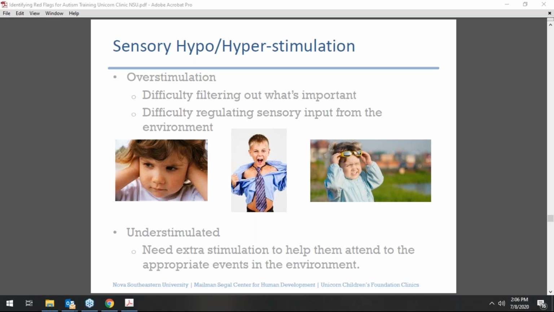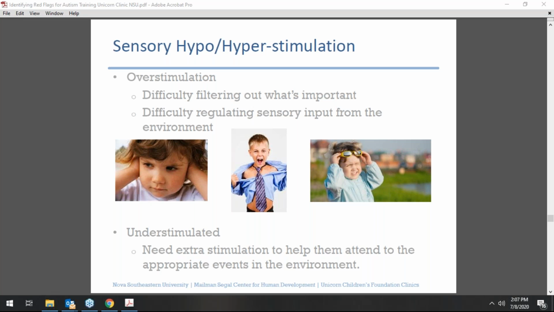If they're overstimulated, obviously they're going to avoid certain textures like sand, Play-Doh. They're going to avoid those. And that's why in therapies, you expose them to things that they normally are not exposed to because they don't like it. You might start with having them touch sand, Play-Doh, things like that. But if they're understimulated, they're going to seek that in the environment.